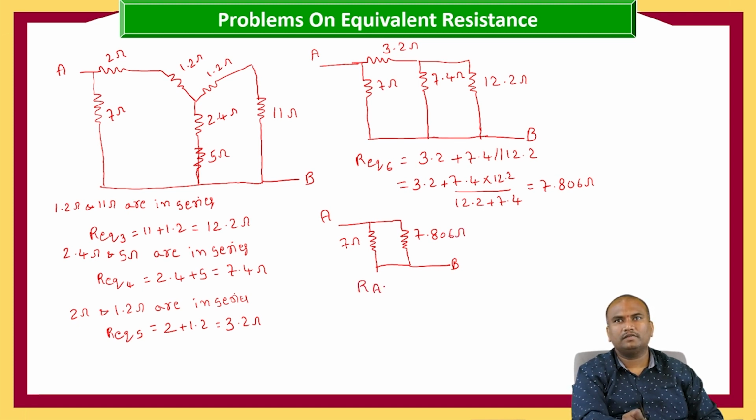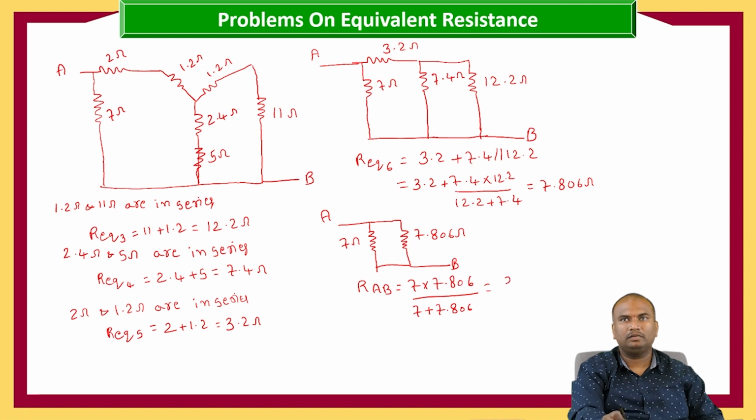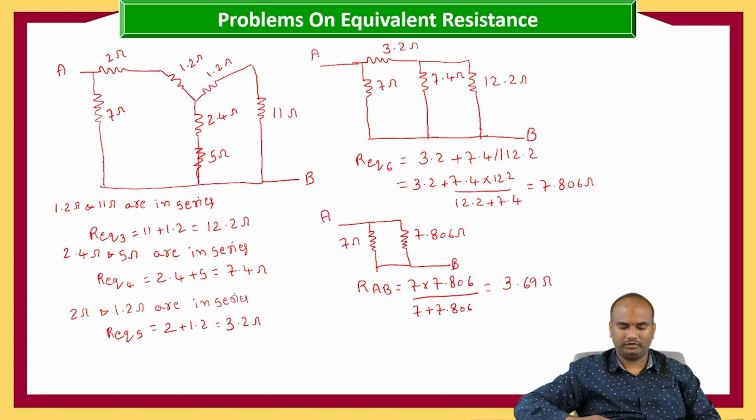RAB is equals to 7 into 7.806 by 7 plus 7.806, this is the RAB value we got for the given circuit.